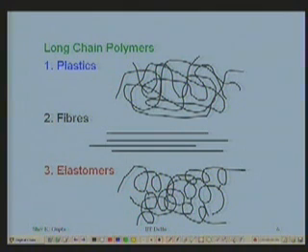Well, we have the third category of long chains, which are elastomers. Really speaking, they are long chains, but in between we have a few cross links like this between various chains. These cross links are primary bonds between the chains. That means you have a long chain, but in places it is trying to become a network.